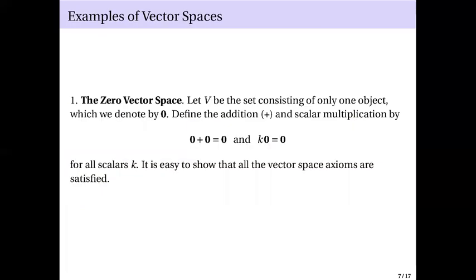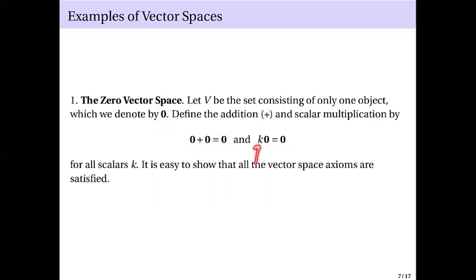Let's start with this vector space. We call it the zero vector space. So let V be the set containing only one object, which we denote by the symbol 0. Then we define the addition and scalar multiplication by this. So 0 plus 0 must be equal to 0.